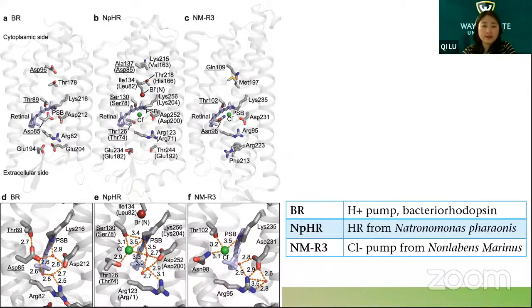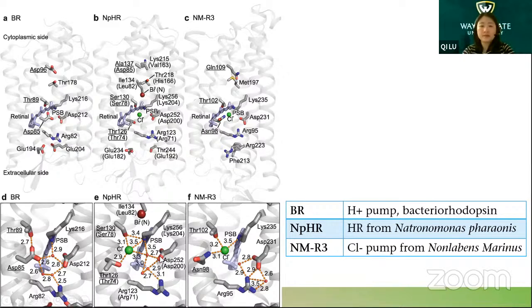And from this image, we can see that it's not only the selected ions that are important for the pump. The water molecules are also involved in this hydrogen bond network, and it helps maintain the structure, and it helps bind those ions that are being captured by this pump.